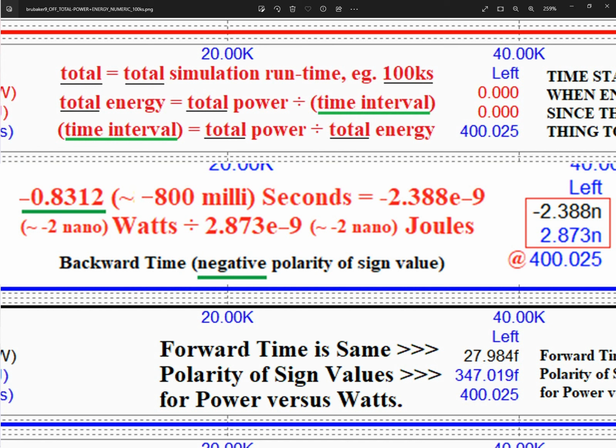Let's see. So to get that figure, I had to take negative 2.388 e to the negative 12, or approximately 2 picowatts. That's not right. It's nano. Oh no. Don't tell me I did the wrong computation. I did it wrong.